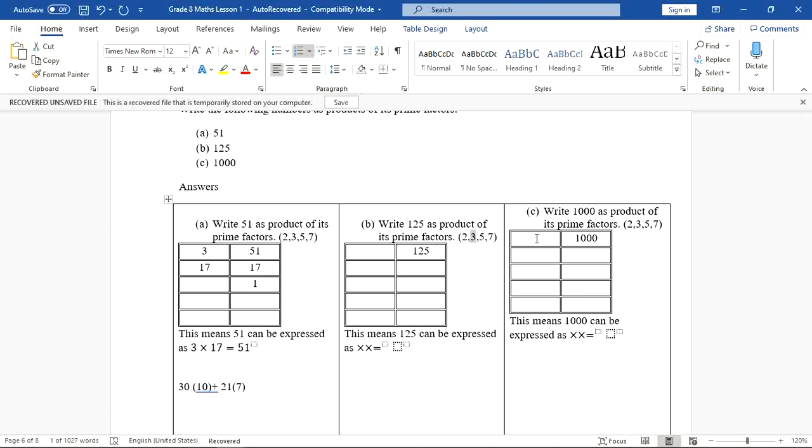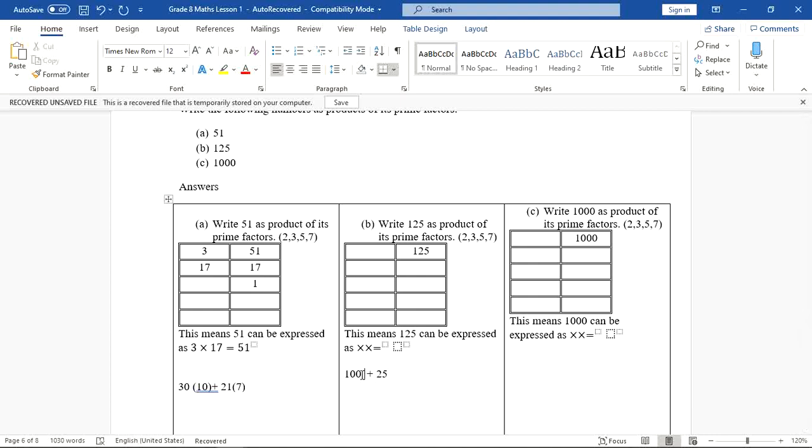So we move on to the next prime factor, which is number 5. Any number that ends with 5 or 0 can be divided by 5. But now we have this big number, 125 divided by 5. How do we do that without a calculator? Again, we just break it up. Let's break 125 up.